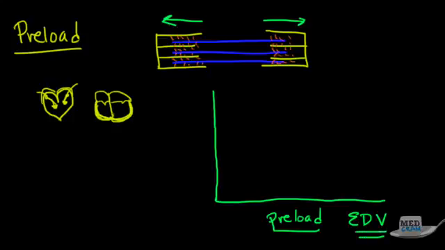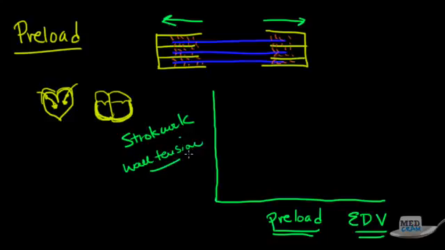How big is the ventricle? How much blood is in there right before it's about to contract? So preload's on the x-axis, and let's say we have stroke work, or wall tension on the y-axis. In other words, this is how much work it can do.